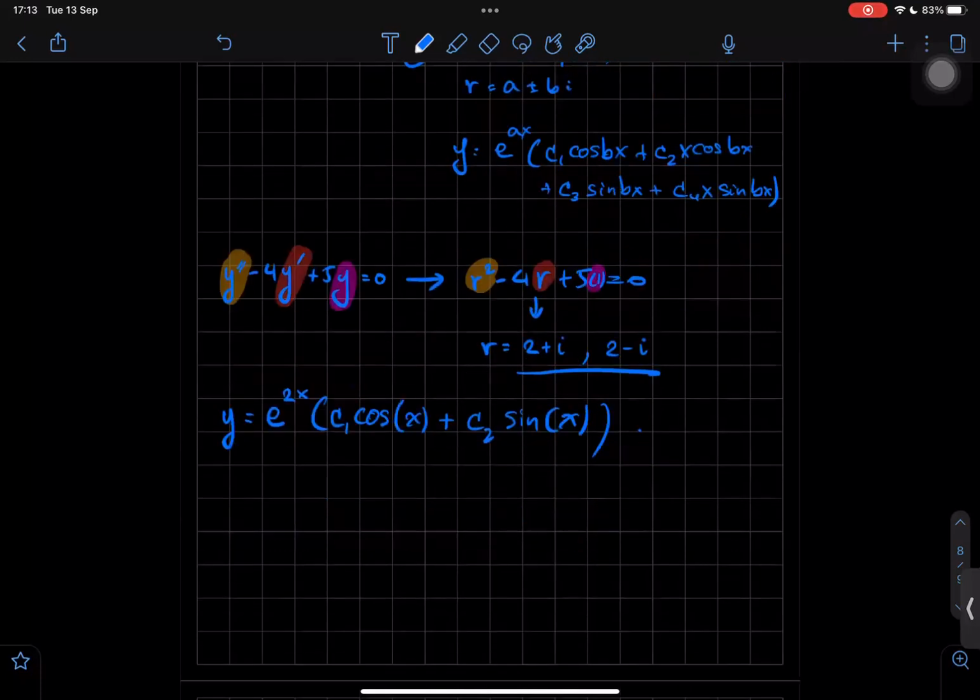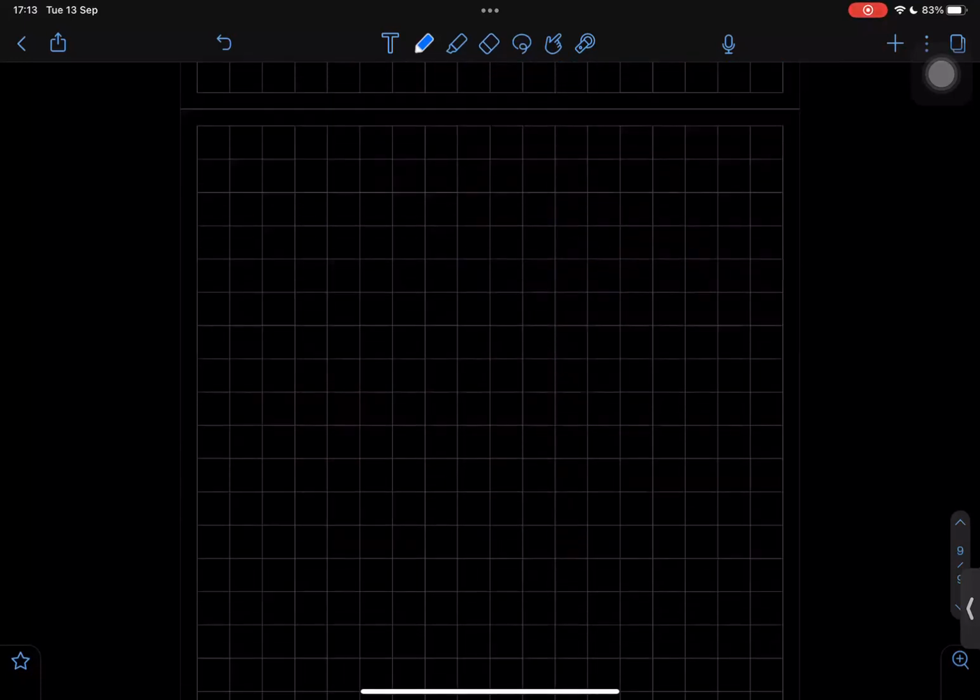So maybe one more example. It's d squared y by dt squared minus 5 dy by dt plus 6y equal to 0, like this.